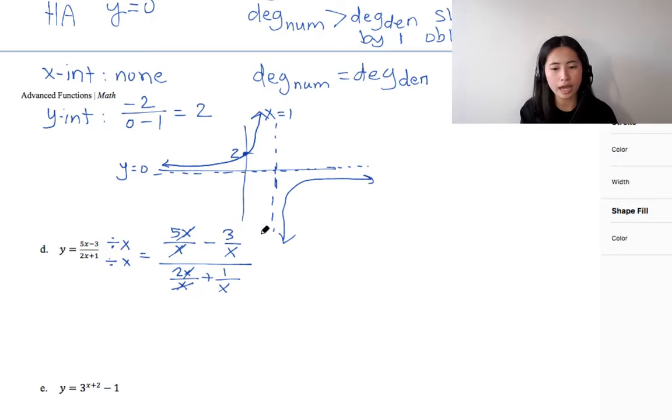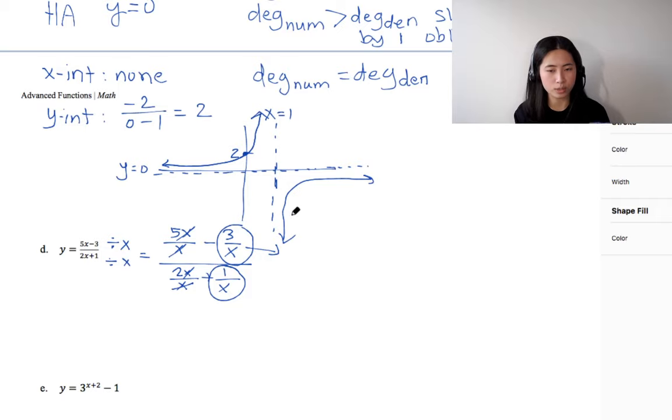When you look at 3 over x and 1 over x, you're going to notice that if you're looking at the end behavior, if you have x being any number and you plug in, let's say 3 over 1000, you're going to see that this is approaching 0, because 3 over 1000 is 3 times 10 to the negative 3, which is 0.003.